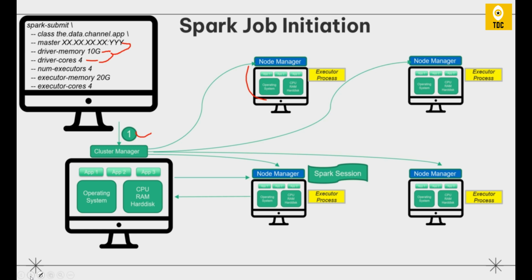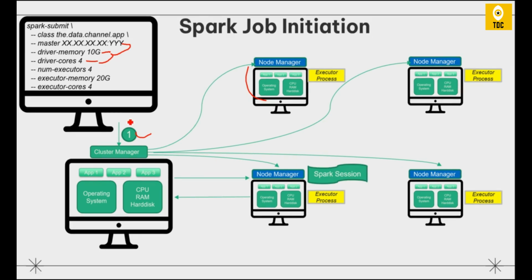Suppose the job is a simple job, it might read a file and take a count of the number of words in that file. If you use only one particular node, say for example for a 1 GB file, it might take 10 minutes.